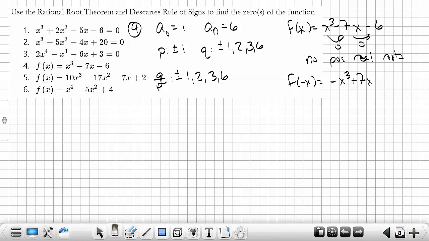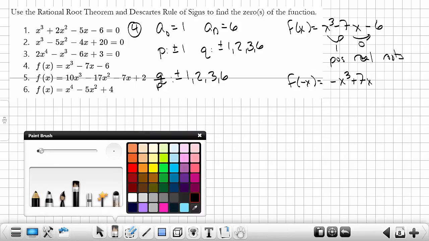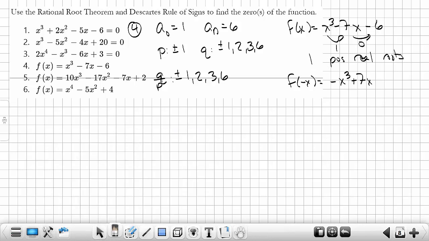Ooh, I did it again. That x cubed has a positive 1 in front of it, so that one did change. So we have 1 positive real root. F of negative x is negative x cubed plus 7x minus 6, so we have a change and a change. So we have 2 or 0 negative real roots.